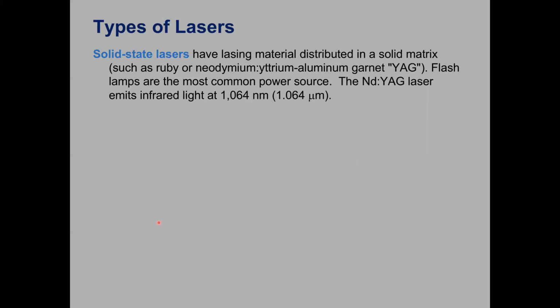You could do what's called frequency doubling to produce light at 532 nanometers. Combining this Nd:YAG laser with a frequency doubling crystal is one of the common ways to get a very high power green laser beam.